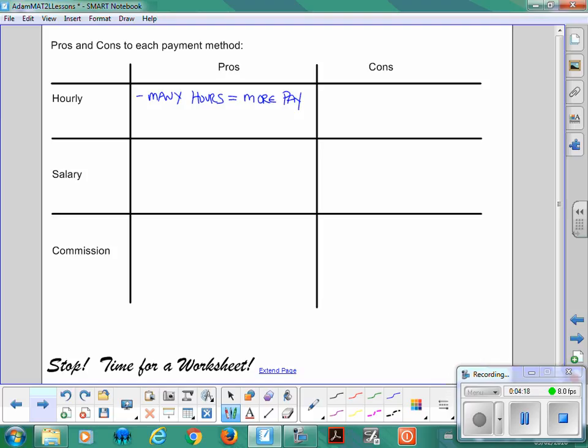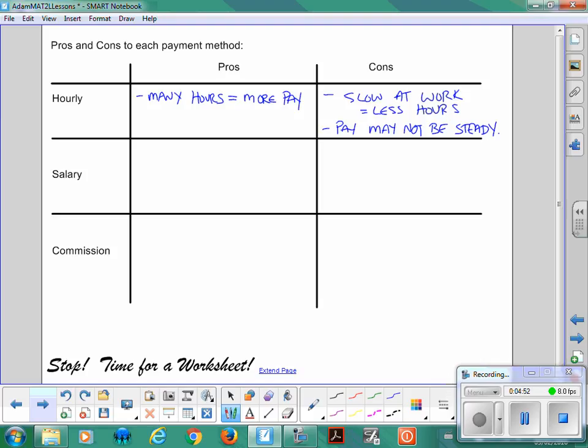Now the con to that is that slow at work is equal to less hours, which means your pay may not be steady. One week you may make $1,000, the next one you make $500, the next one $1,600. So your pay may not be steady.